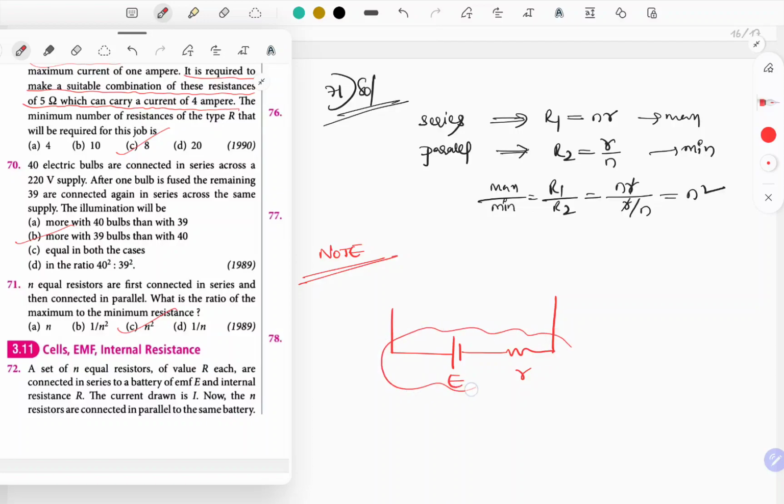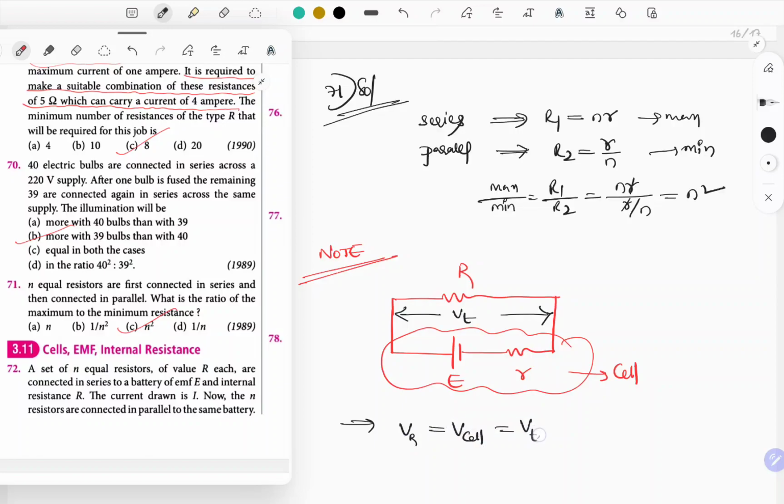This complete combination is called a cell, and it is connected to a load resistor capital R. So voltage across a cell is nothing but the terminal voltage. Here I can say voltage across resistor R is the same as voltage across a cell, which is called terminal voltage.